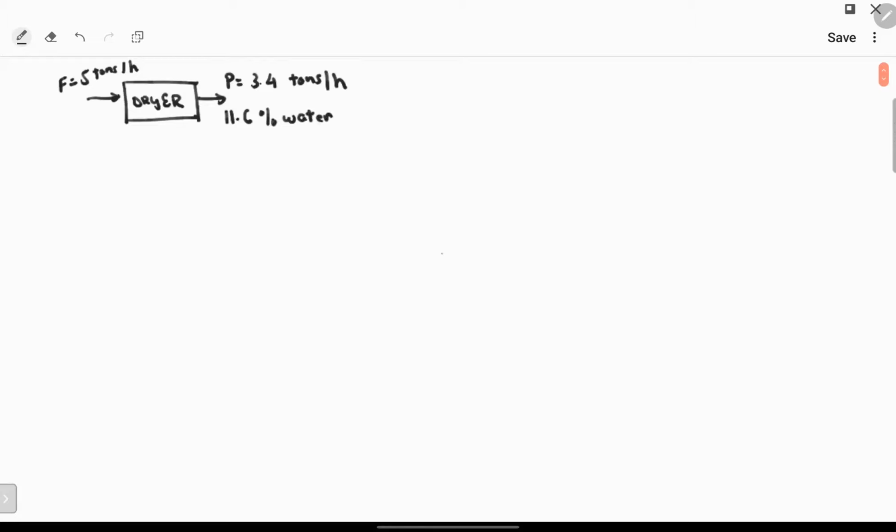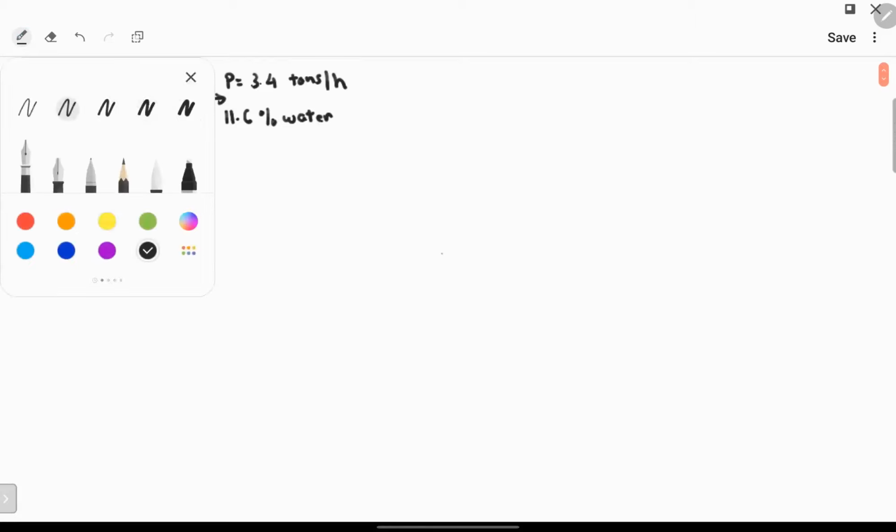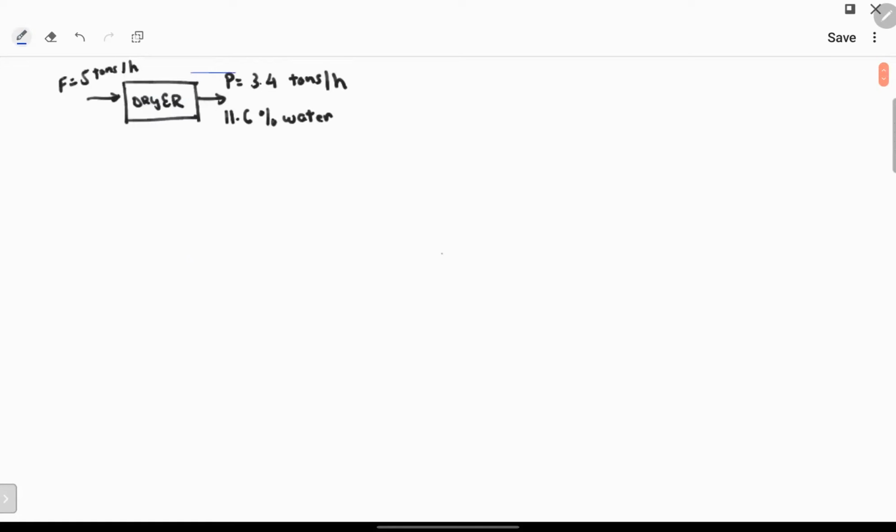So doon pa lang, you will be able to solve how much solids, or yung tinatawag nating BDM, ang naroon sa product. So just subtract it from 100%, therefore 88.4% ang solids. Ayan. Now the feed F contains also water and solid.